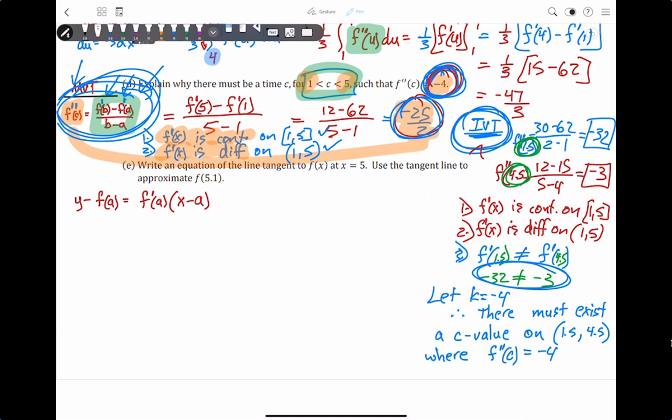Part E, it says, write an equation for the line tangent to f at x is equal to 5. This one's a lot easier than part D. So x is equal to 5, that's like our a value, if you will, okay? So we're going to go ahead and plug that here so that it's x minus 5. Now I'm going to find what's the derivative at 5 on f and what's f of 5.